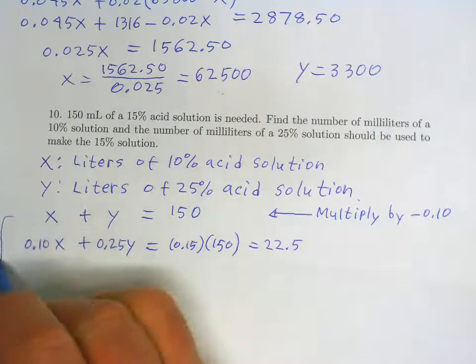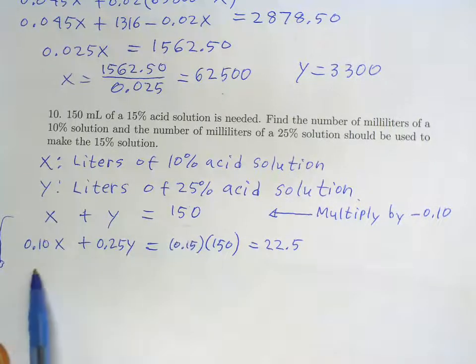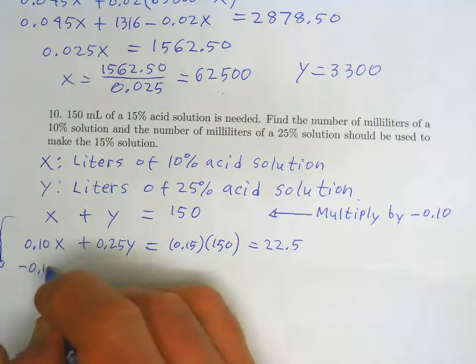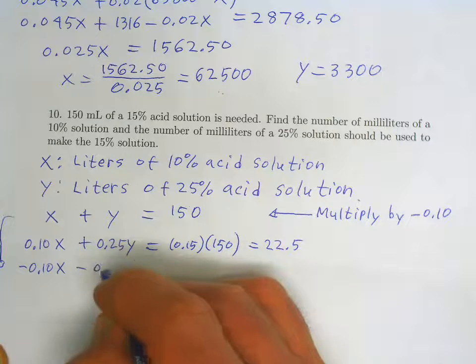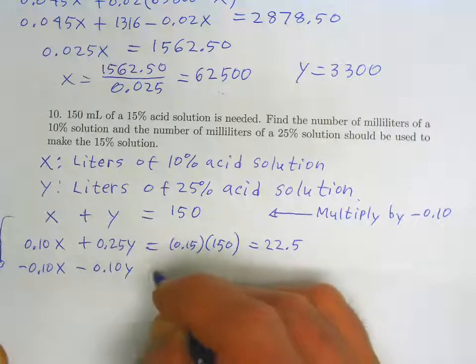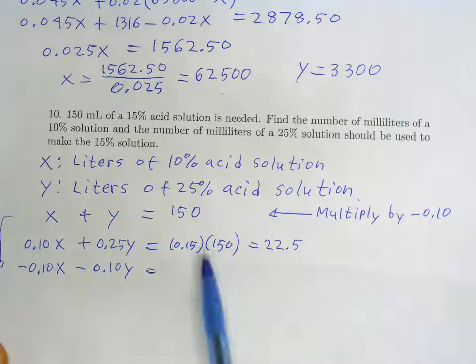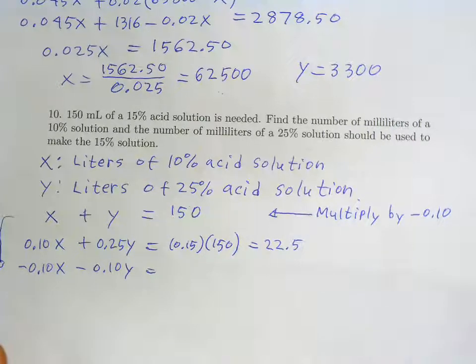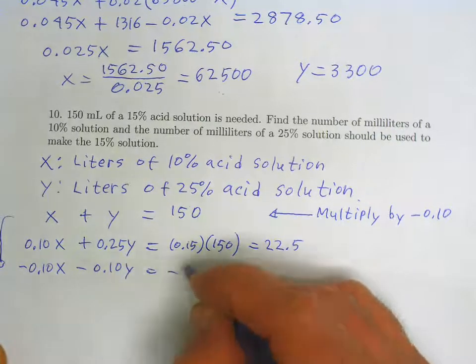And then I'll put the result below this equation. So we get negative 0.10x minus 0.10y. And 150 times negative 0.10 is just negative 15.